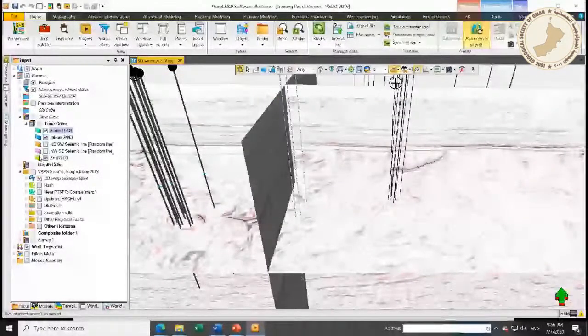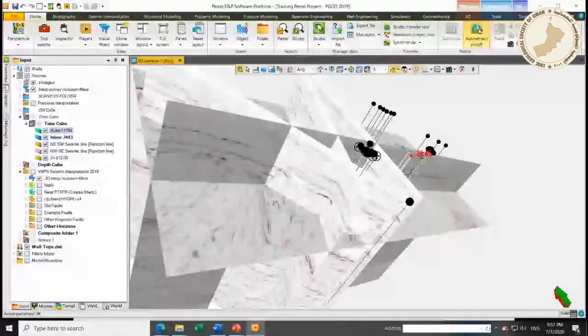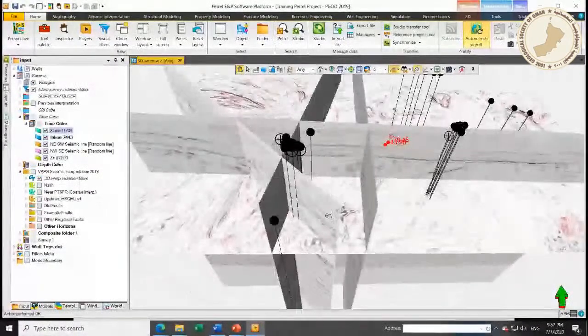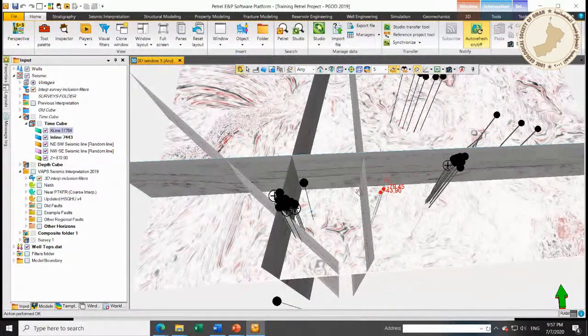So not only inlines and crosslines, you can also put north, east, and southwest sections. Whichever section you would like to see, you can also put a section that goes through the wells, so it doesn't go uniform, planar. It goes zigzag through various wells. So then you can actually interpret the seismic exactly on the well locations.